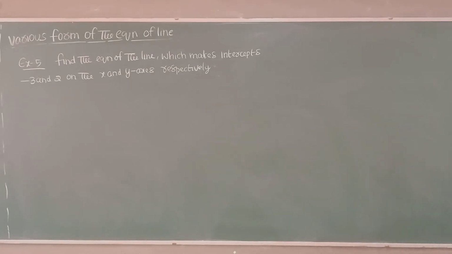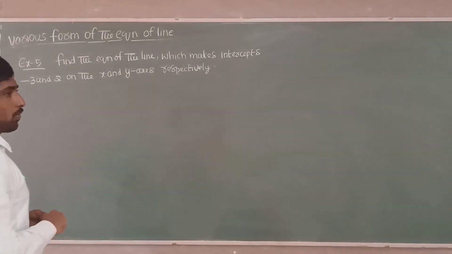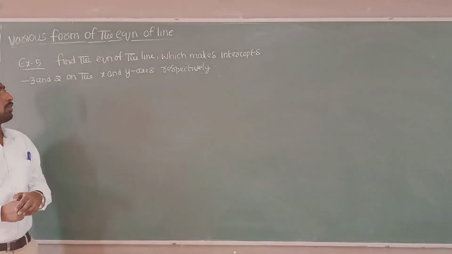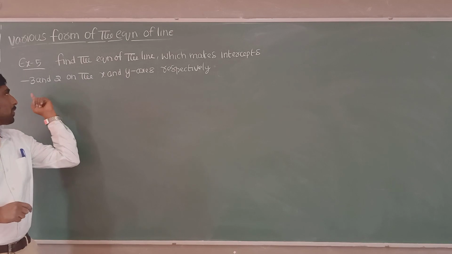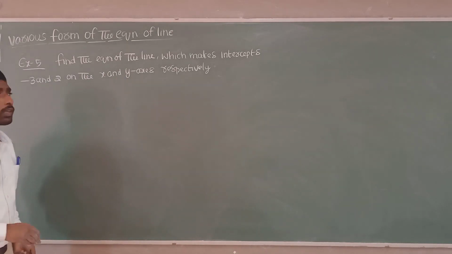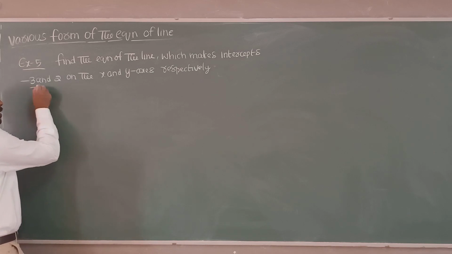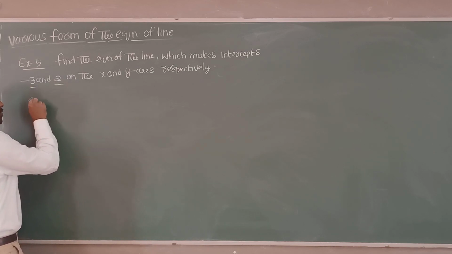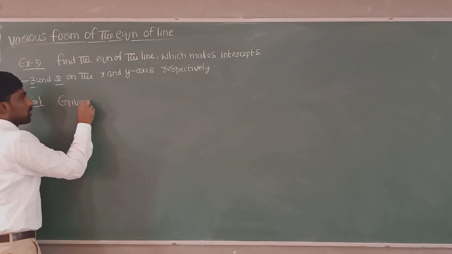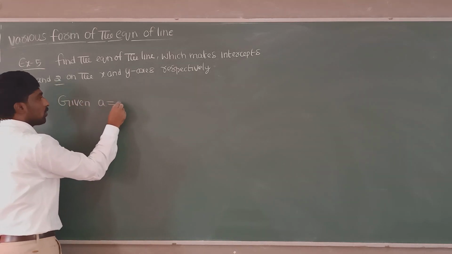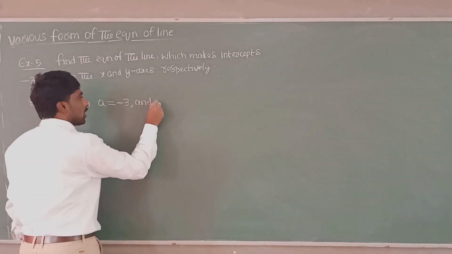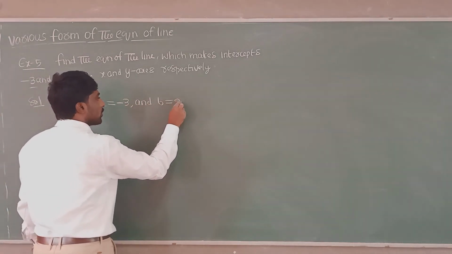Now guys, all of you see here, by using the intercept form of a straight line I am telling one problem. Find the equation of a line which makes intercepts -3 and 2 on the x-axis and the y-axis respectively. So this is x-intercept, this is y-intercept. Given, x-intercept is denoted by small a, which is equal to what? -3, and y-intercept value is what? b equal to 2.